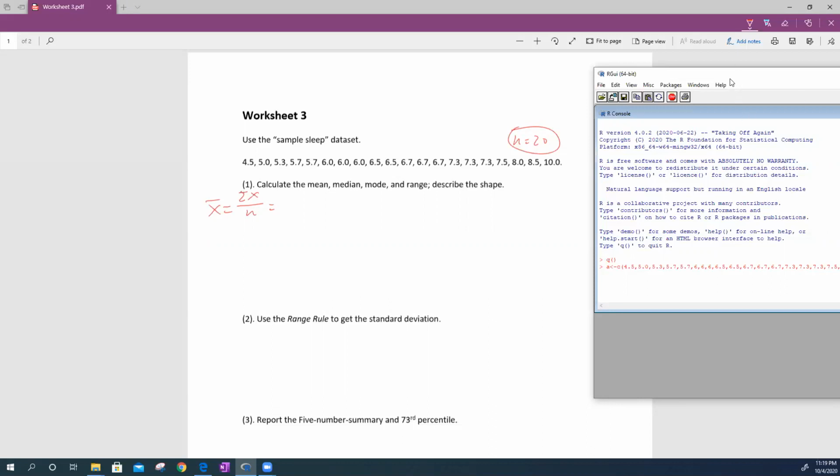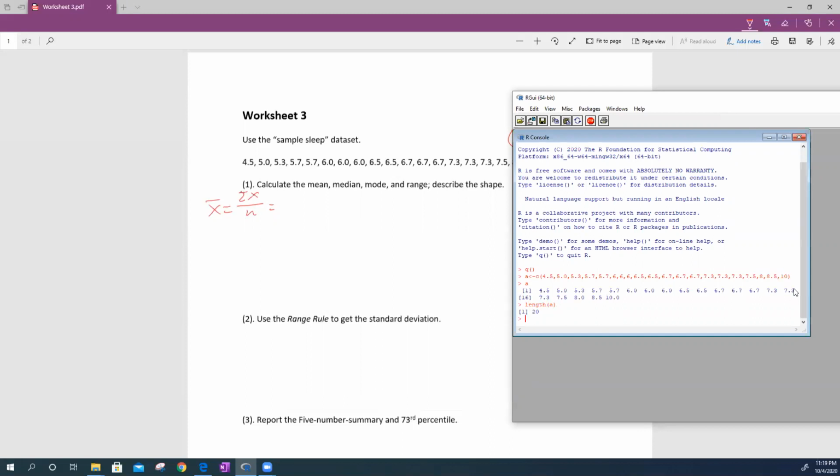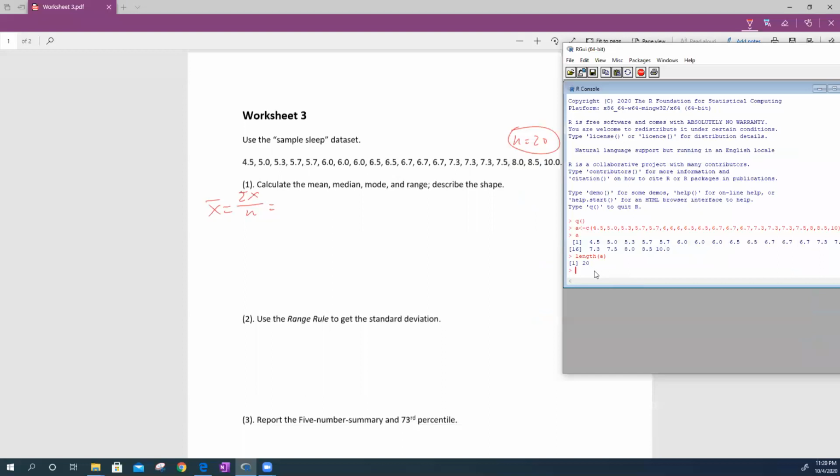So we type in everything. So let's see the list, and then let's check whether we have 20 numbers there. Yes, we do. So I think we're good on typing the data in.